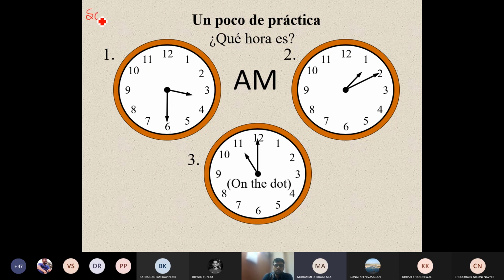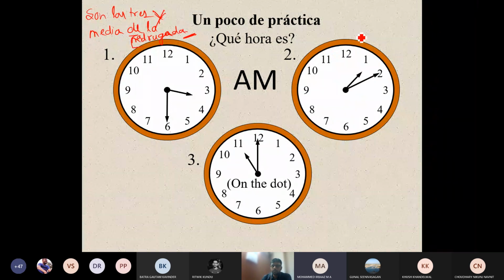So you will start it with son las 3, okay, y media, okay, de la madrugada. Son las 3:30 de la madrugada. So de la madrugada is what we are going to use because of this.